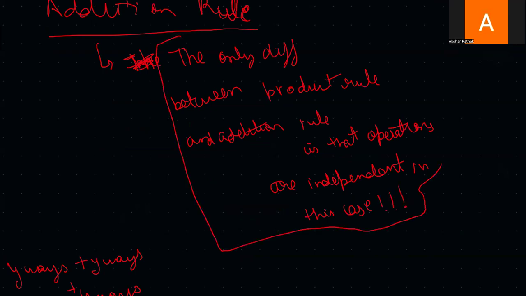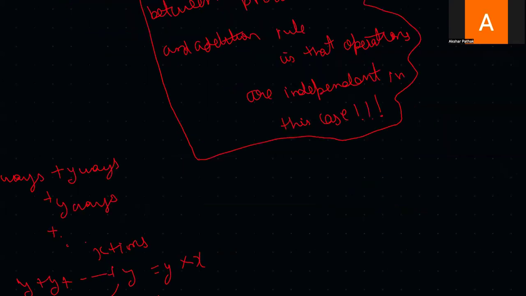It means if you are performing operation 1 and then you are performing operation 2, it's not necessary that you have to perform operation 1 in order to perform operation 2. It means that you can only perform operation 2, or you can perform operation 1, or you can perform operation 3.